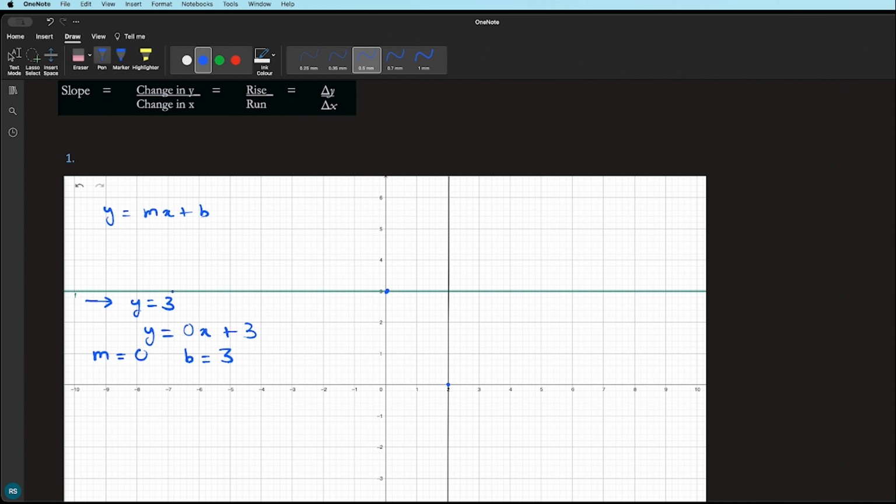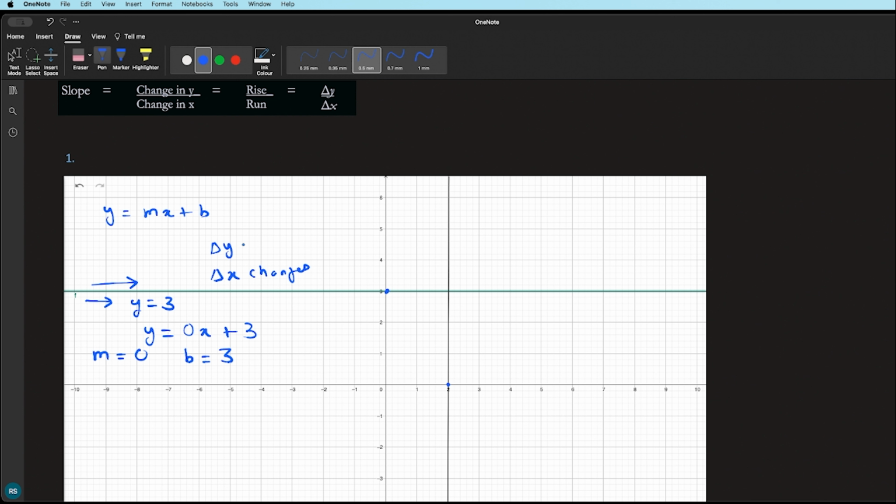Okay, and here if you see, there is a change only in x, in the horizontal direction. So the rate of change is only in x. So here delta x changes, but there is no change in y.